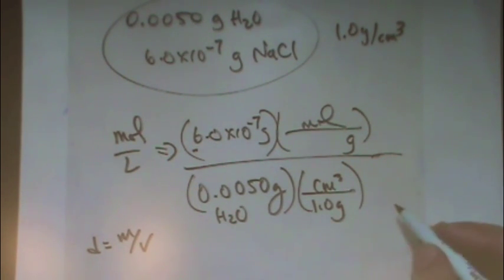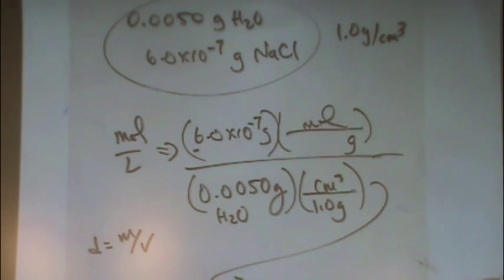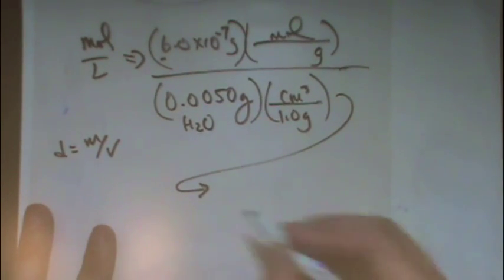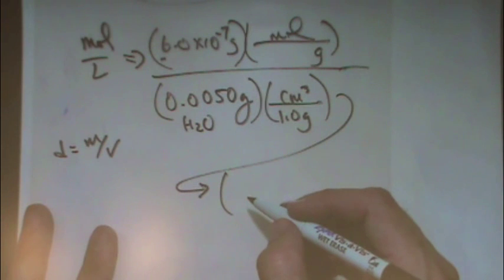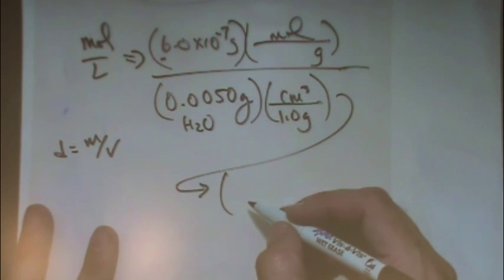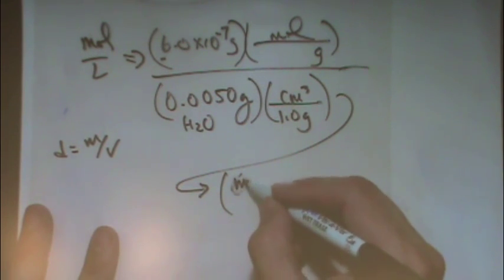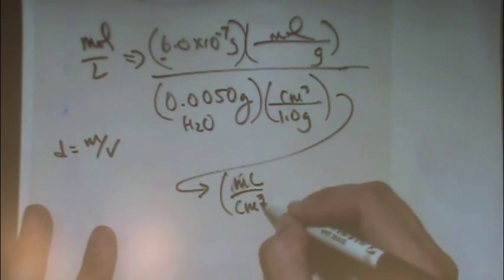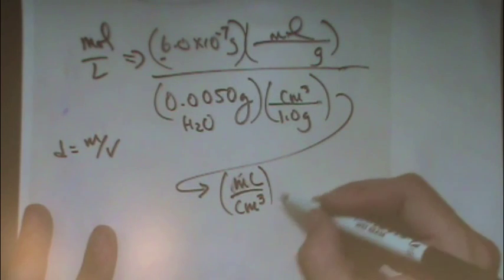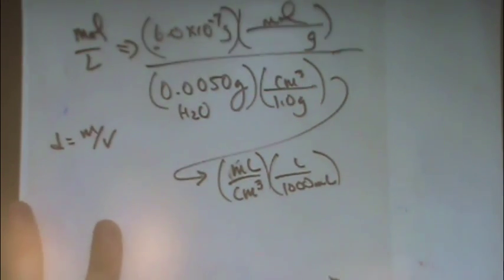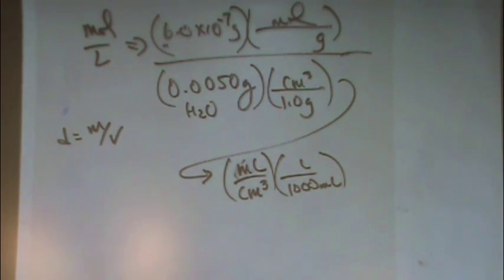So I need to do a couple conversions. This is still in the denominator, by the way. Where am I going? To molarity. So a milliliter is equal to a centimeter cubed. And then 1,000 milliliters per liter. So basically dividing by 1,000 in the denominator. Is that all right? Okay, cool. Yes?